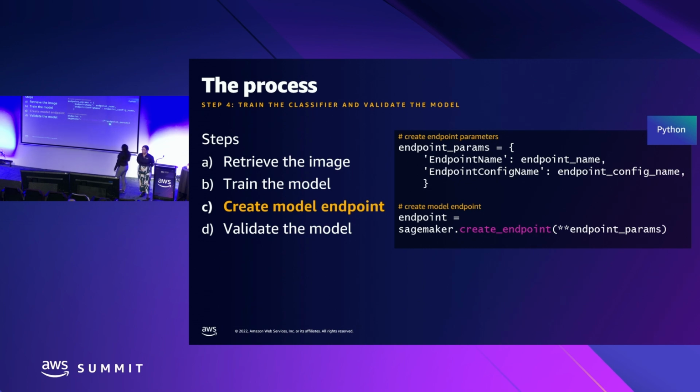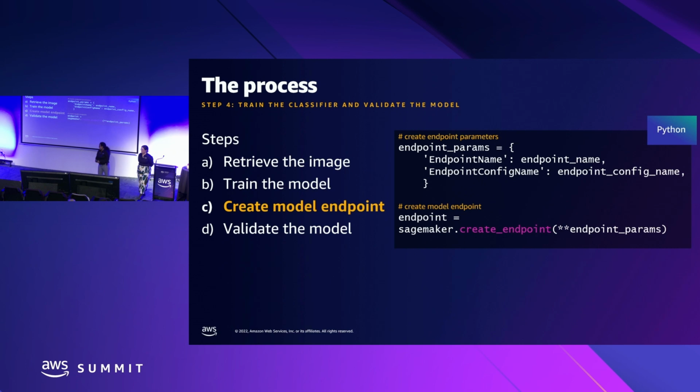Create endpoint takes these endpoint parameters defined here as an argument, as a parameter as well. So once SageMaker receives a create endpoint request, what it does on the back end is that it launches the machine learning compute resources, and it deploys the model on those compute resources. So model endpoint is created.